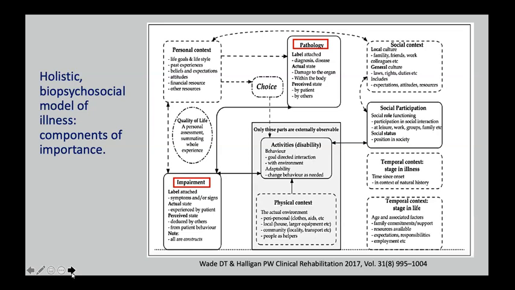So the pathology is what the physician would give, or the label attached to a diagnosis or actual state or damage and perceived state by patients and others. And the impairment would be based on the symptoms or the pathologic condition that the patient would have.